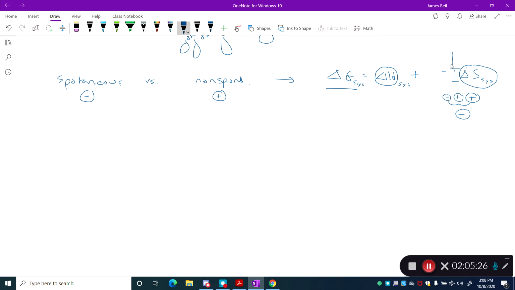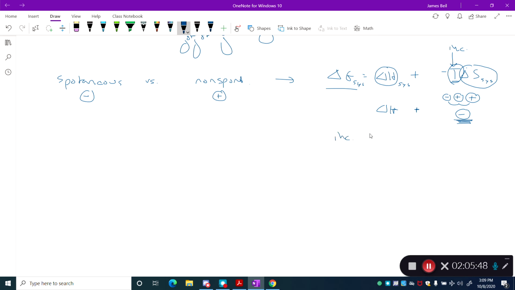And the more I increase the temperature, the larger that negative number will be when I add it to delta H. So it doesn't really matter what the sign for delta H is. If I increase the temperature enough, and I make a larger and larger negative value to the point where it's larger than whatever the value for delta H is, it's going to make delta G more negative.